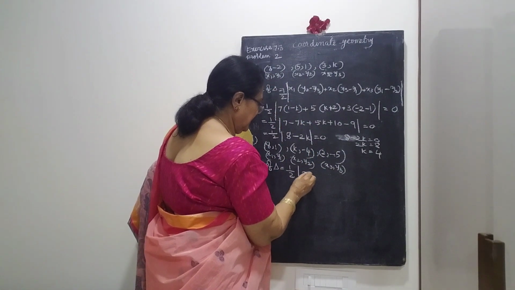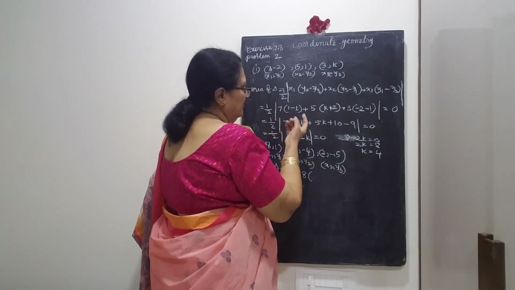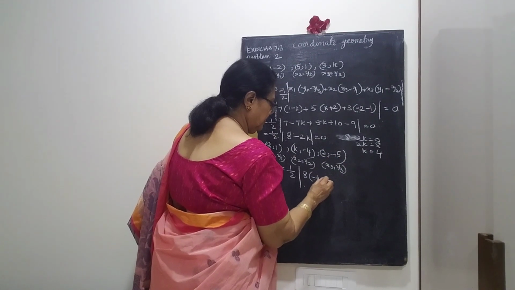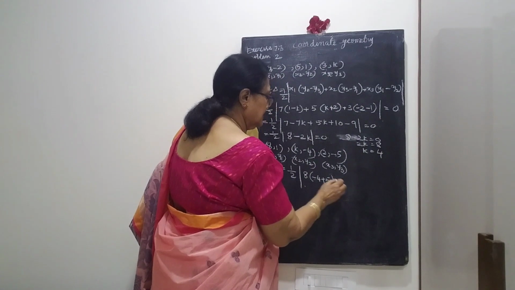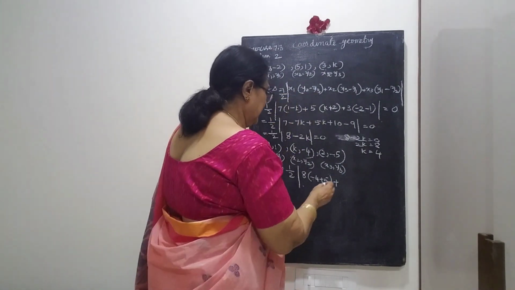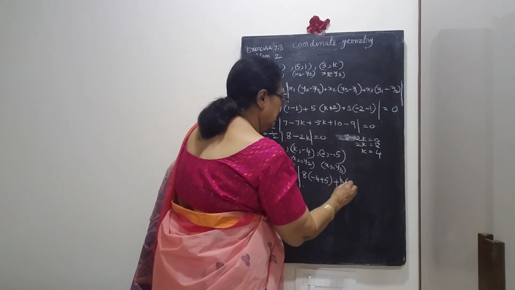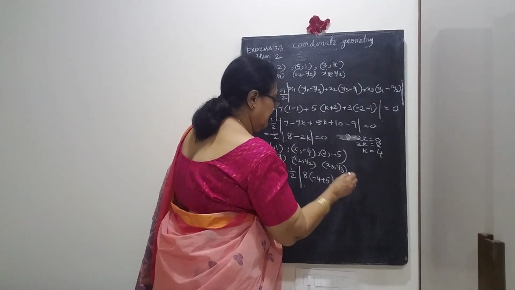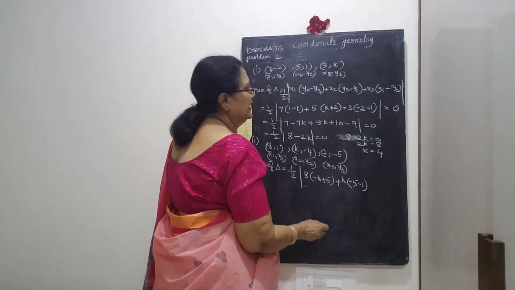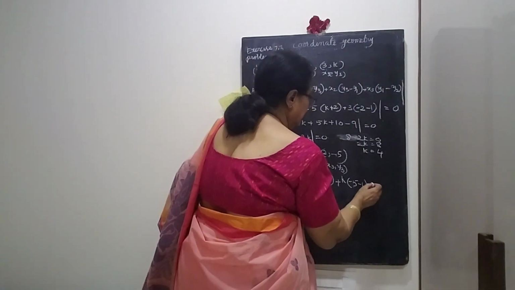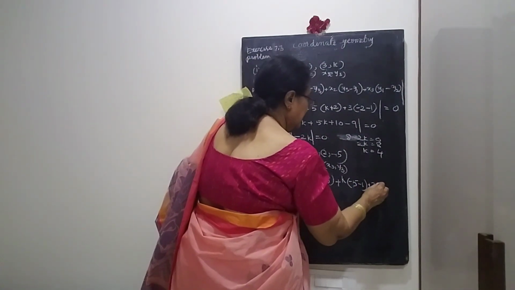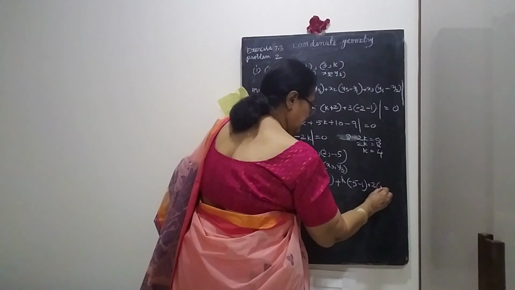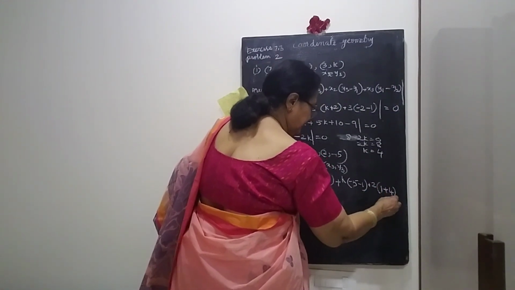x1 is 8 into y2 minus y3, that is minus 4 minus of minus 5, plus 5, plus x2 into y3 minus y1. x2 is k into y3 minus y1, that is minus 5 minus 1. Okay, now the last one is x3, which is 2, into y1 minus y2. y1 is 1 minus of minus 4, plus 4.